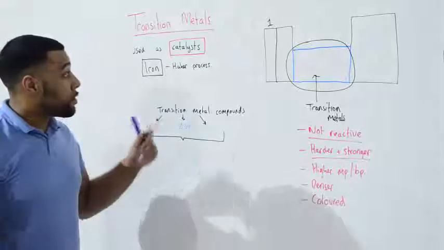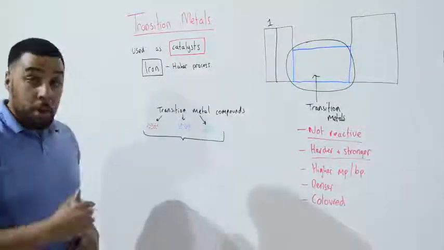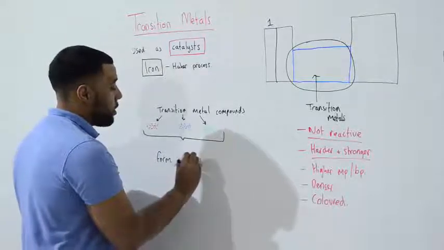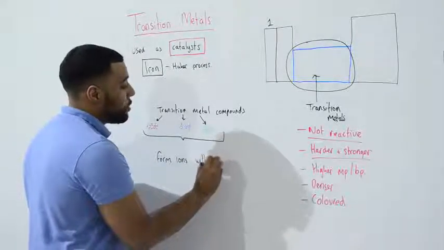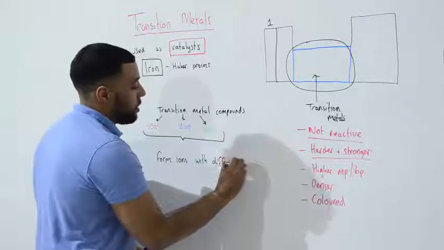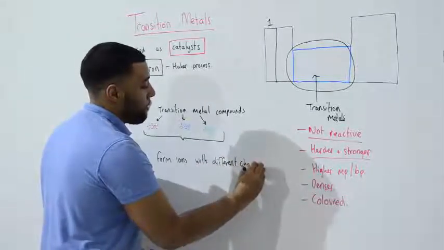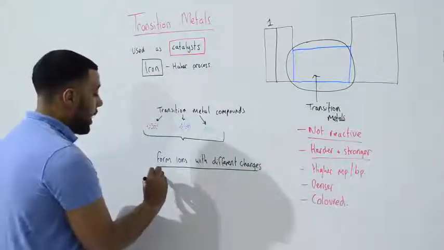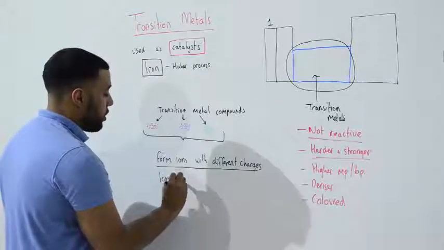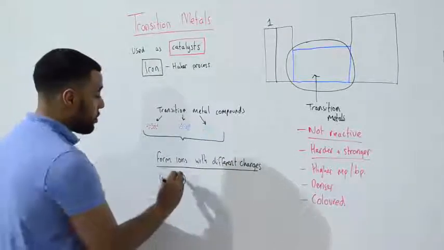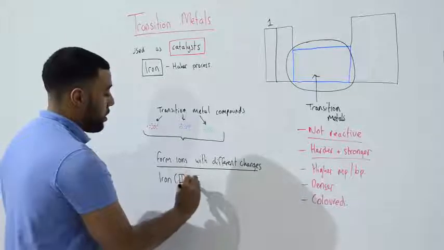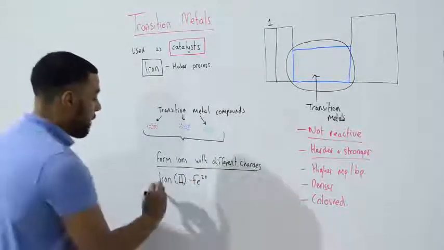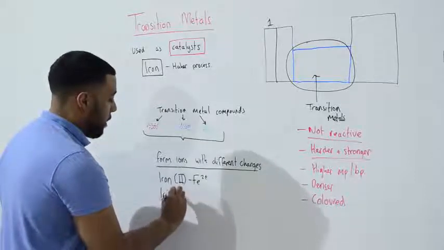The last thing about transition metals is that they form ions with different charges. For example, we have iron 2+ and we also have iron 3+.